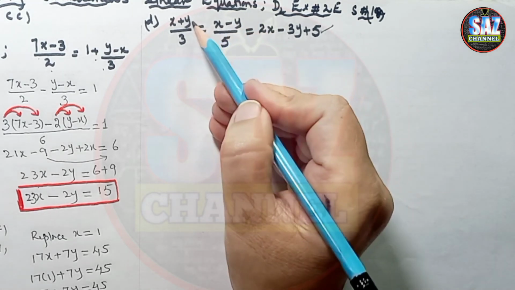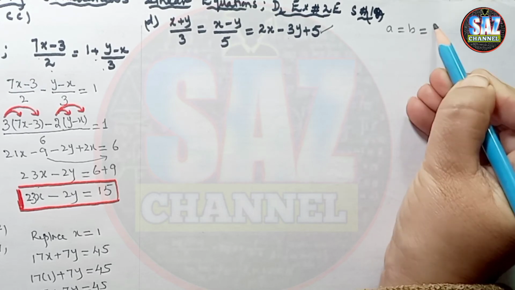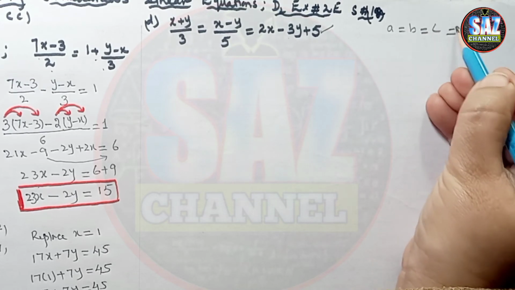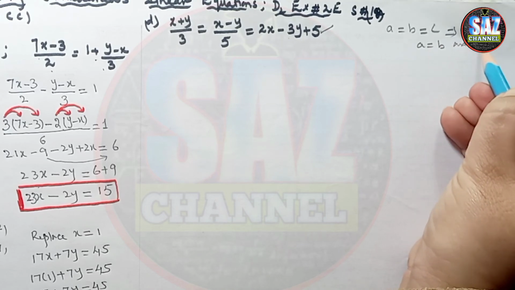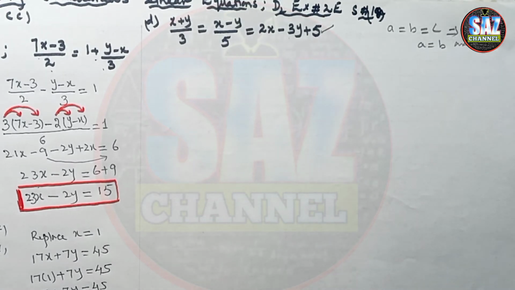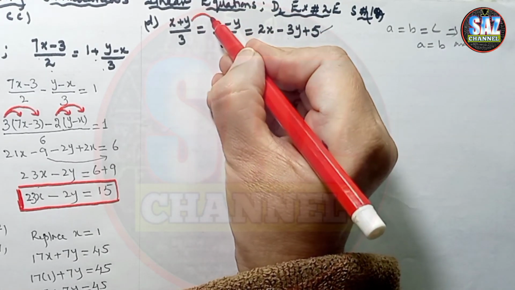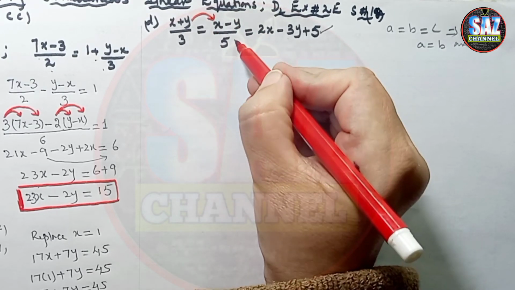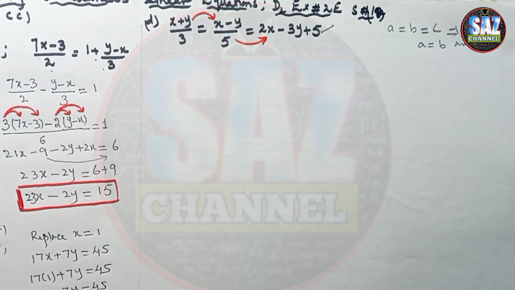So what we can do is, if we know A equals B equals C, it implies that A equals B and B equals C. So we can make two equations on our own, comparing and equating these, and first we have to make two equations and then go for the solution of the equations.